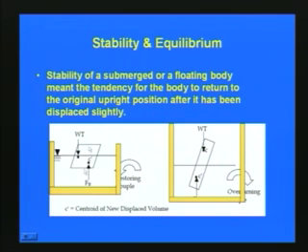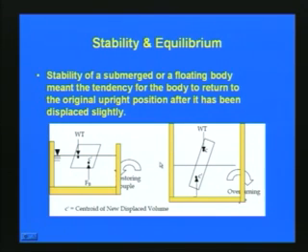In this slide you can see there is a container with water, and there is a body, and we are putting a small force on it. We observe what will happen, whether it will restore back or it will overturn. That is what we will be discussing, the stability of a submerged or a floating body.